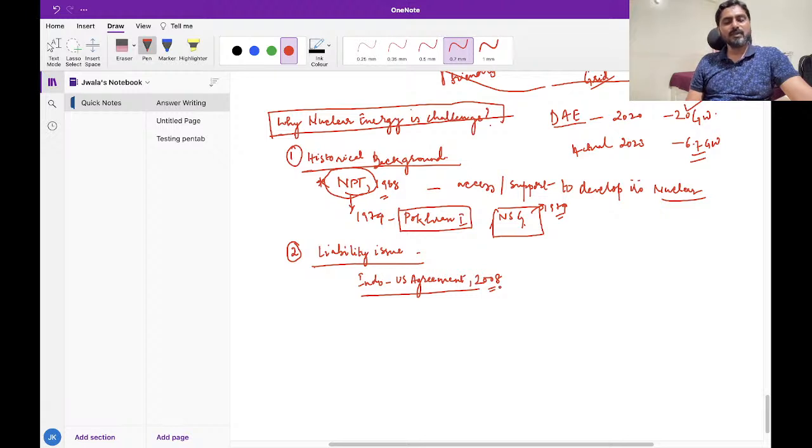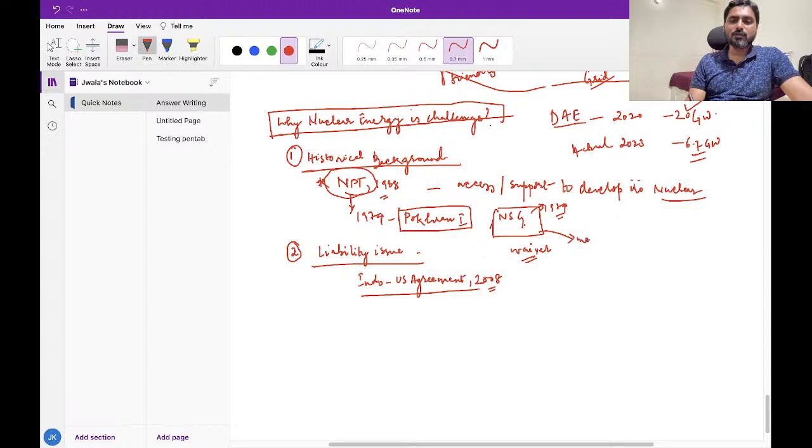The Indo-US agreement was signed in 2008. What the USA said was that, yes, you are not a member of NPT or NSG, but we will give you a waiver. You need not become a member of NSG, but you will still be able to get access to fuel and technology from NSG member countries.